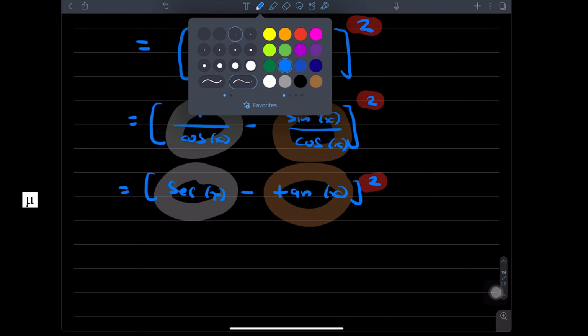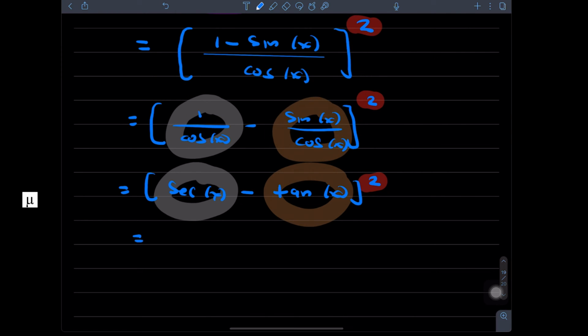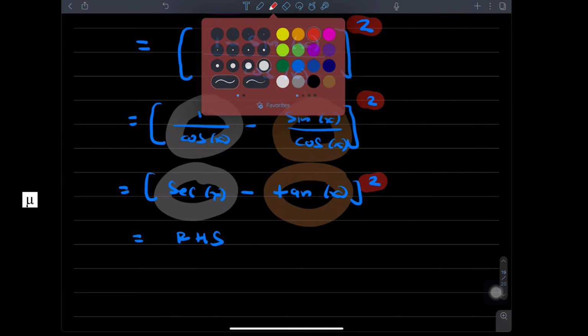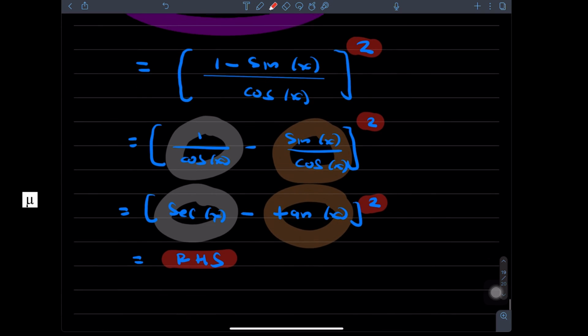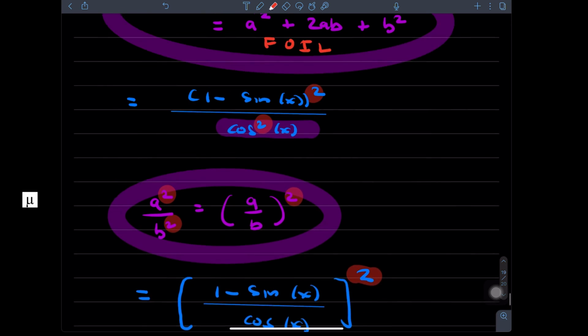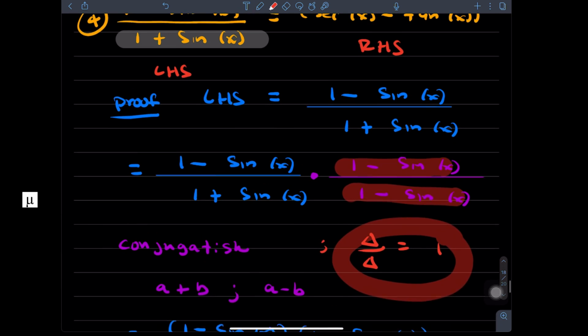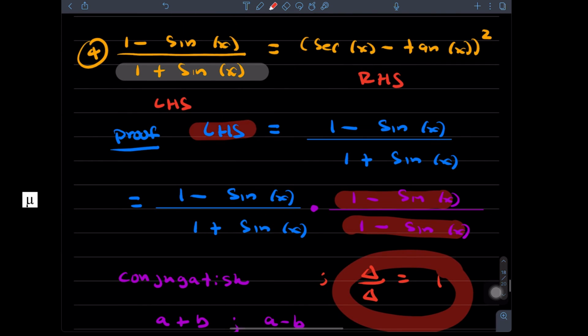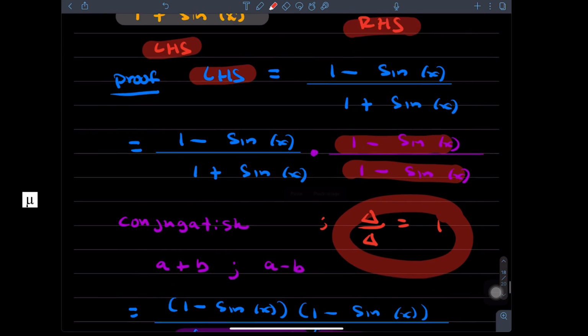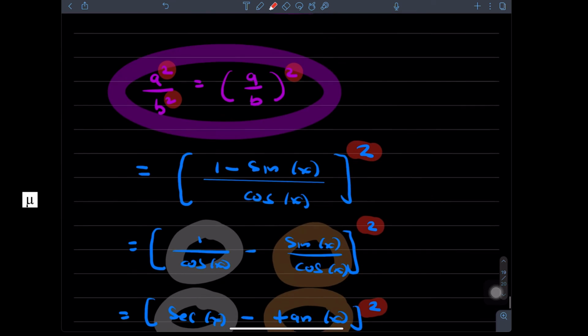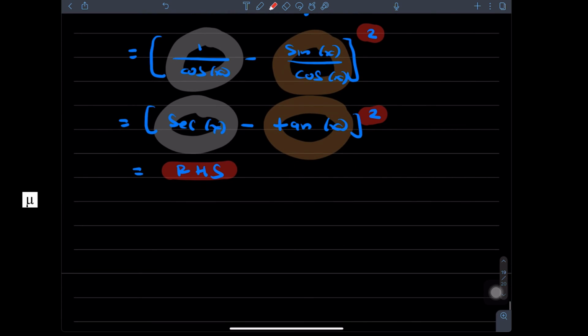And then that's going to be the what? Right-hand side. This over here is the what? Left-hand side. So left-hand side equals right-hand side, ladies and gentlemen, and you are what? Done. So that one is a pretty hefty one.